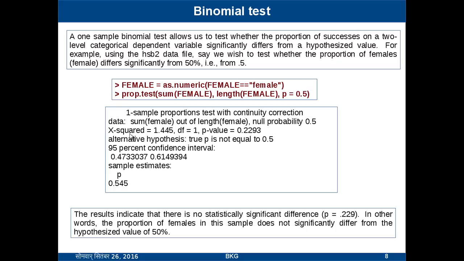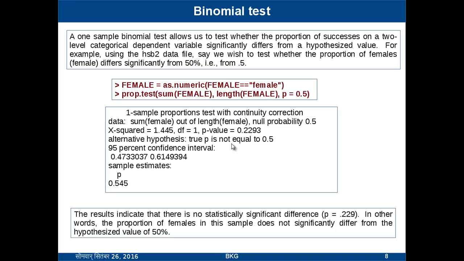So here the calculated value of the test statistic is 1.44 and the corresponding probability value is 0.22, which is higher than the level of significance, that is 0.05.